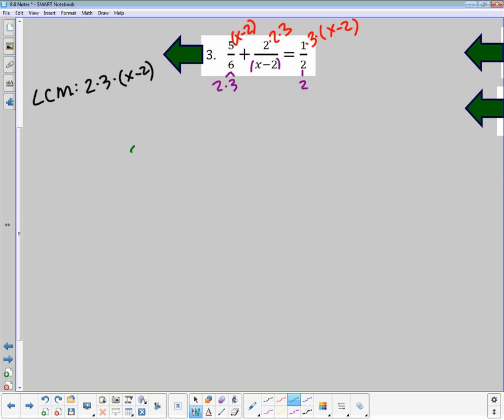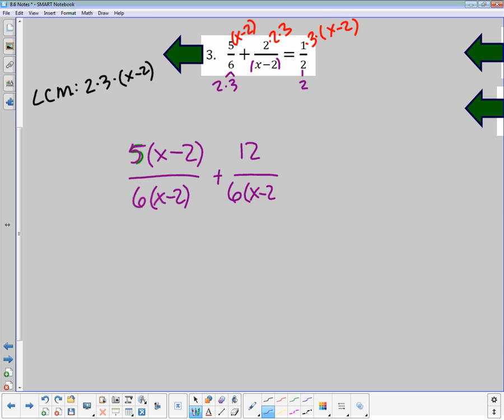I have 5 times x minus 2 all over 6 times x minus 2, which is the common denominator, plus 2 times 2 times 3, which gives me 12, over 6 times x minus 2. And then on the other side, I have 1 times 3, which is 3, times x minus 2, all over 6 times x minus 2.